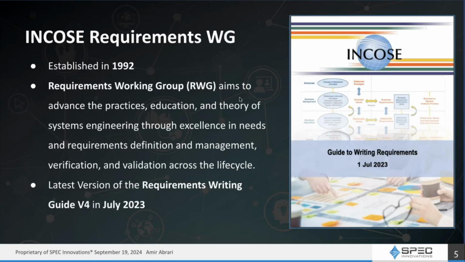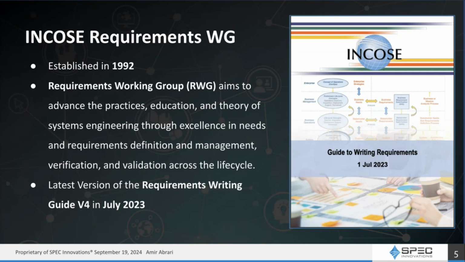Okay, to get started, the INCOSE Requirements Working Group was established in 1992. It aims to advance the practice of requirements engineering and introduce new rule sets, new books, and new writing guides to INCOSE users, engineers, and the industry all around. They released their latest version of the requirements writing guide, V4, in July 2023.